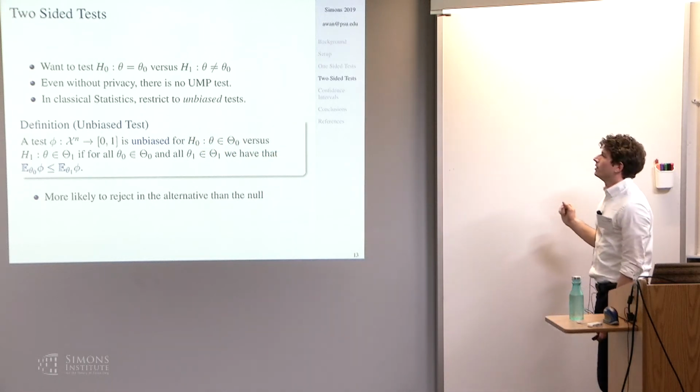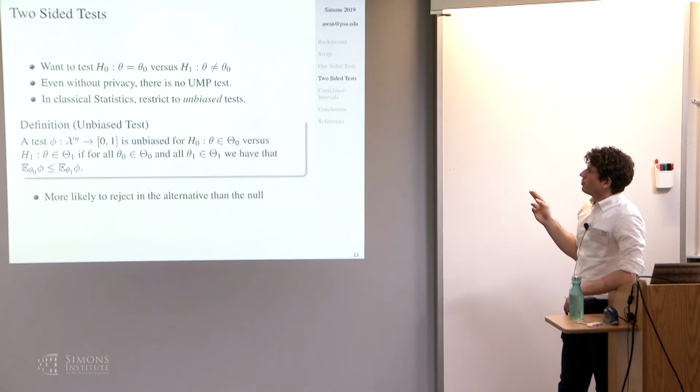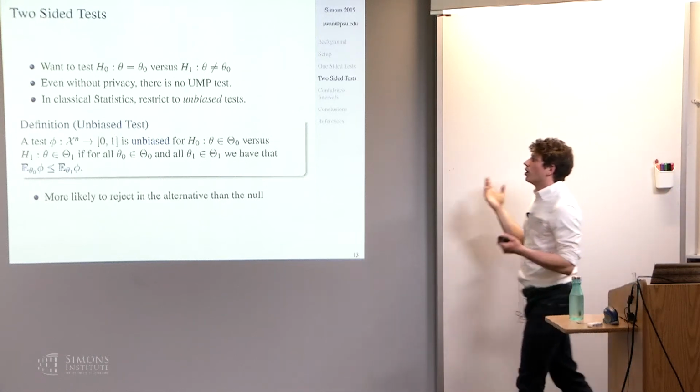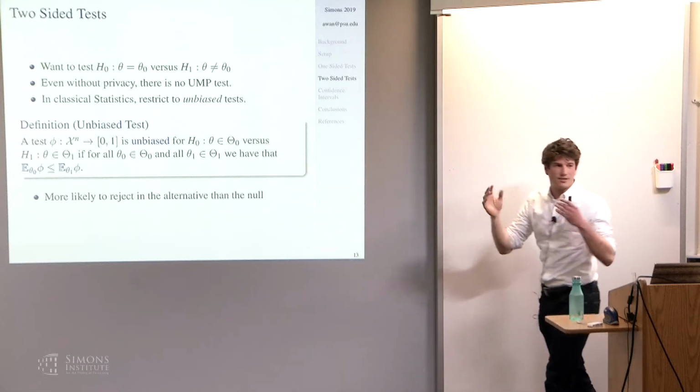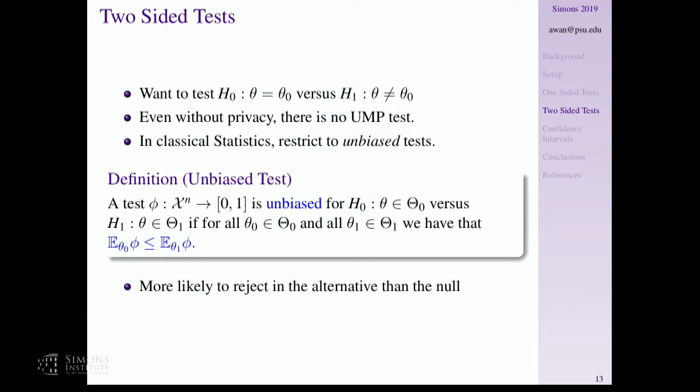The first thing is we know in classical statistics that there is no uniformly most powerful test in this setting. The problem is that you could take the most powerful right-sided test and the most powerful left-sided test, and they would dominate in different regions. So the space of options is too large. There is no optimal thing.